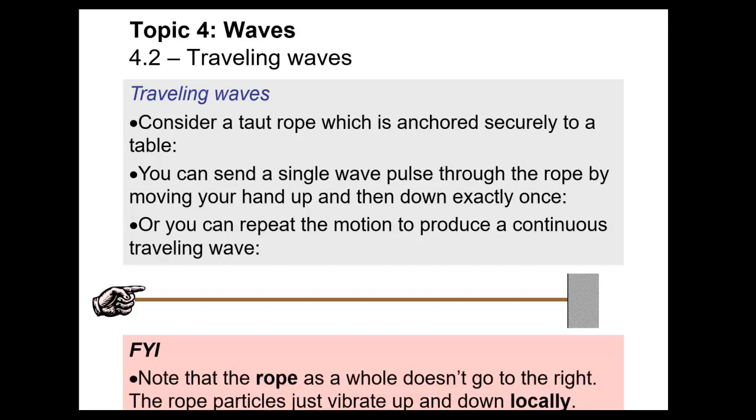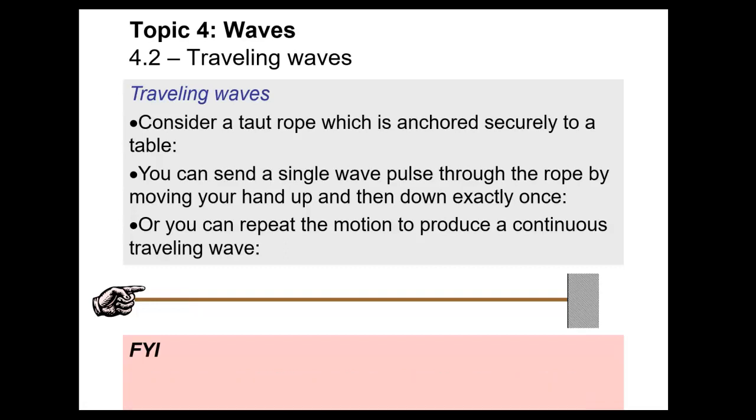As you think of this example, notice that the rope itself is not moving to the right. If you think about what the individual rope particles are doing, each rope particle is just vibrating up and down locally in place. If you were to pick a point on this rope and follow it along, that point is not moving to the right, it's just moving up and down.